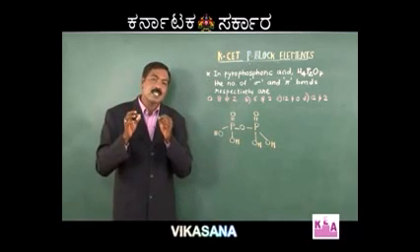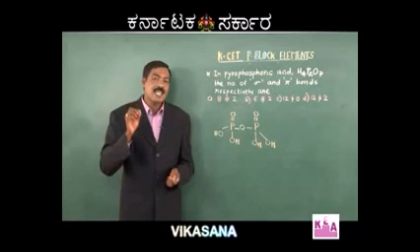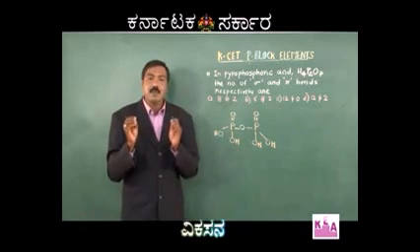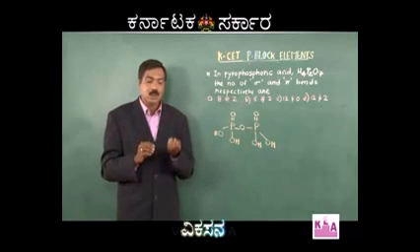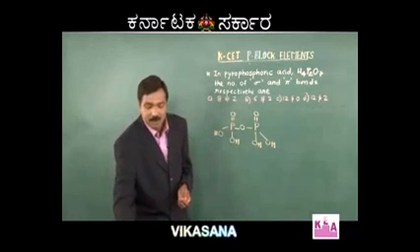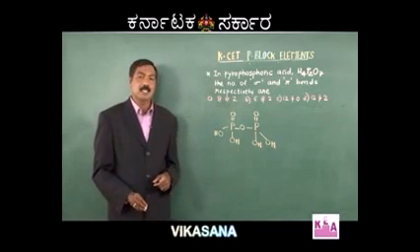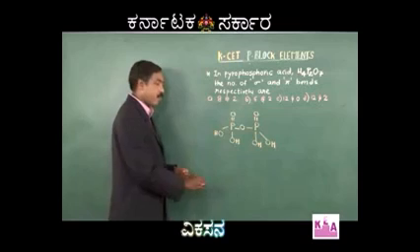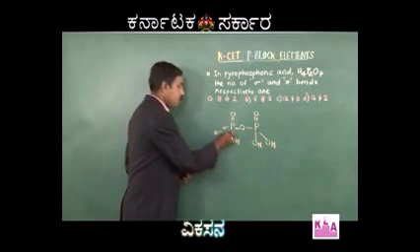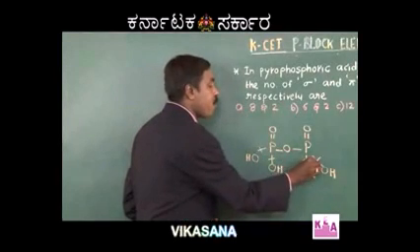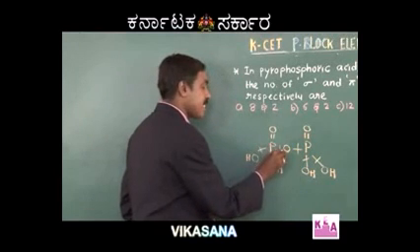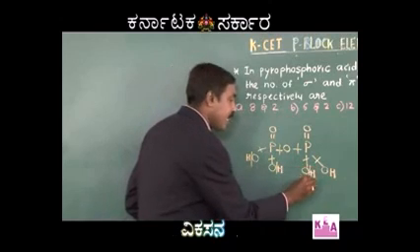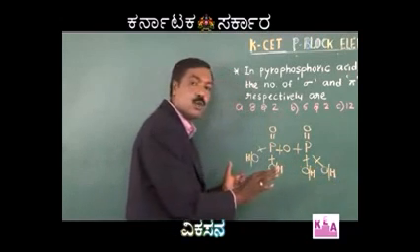When I look into the structure again, the question clearly says calculate the number of sigma bonds and pi bonds present in it. Now, how do I do it? I break the bond now. 1, 2, 3, 4, 5, 6, 7, 8, 9, 10. Don't be happy with this.